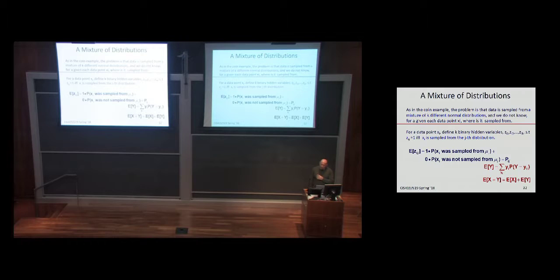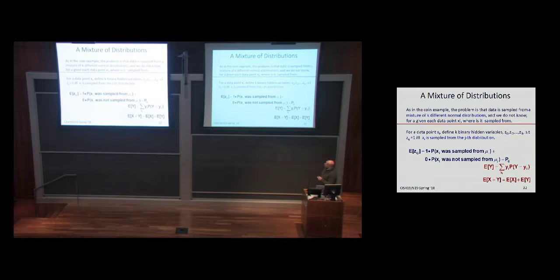Okay? So this is just a convention. It's going to be easy to use. So for each data point, k variables. Notice that in real life, one of them is going to be 1, the others are going to be 0. So these are indicator variables that tell me where this data point is coming from.